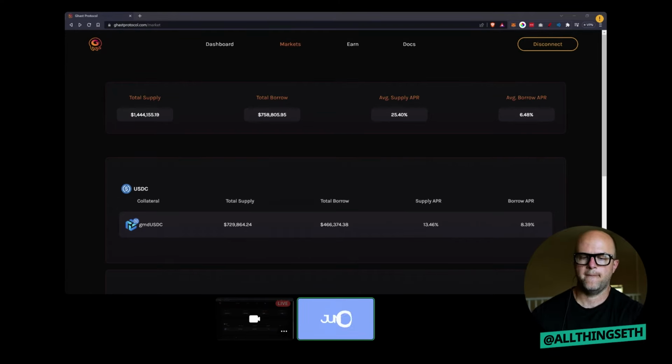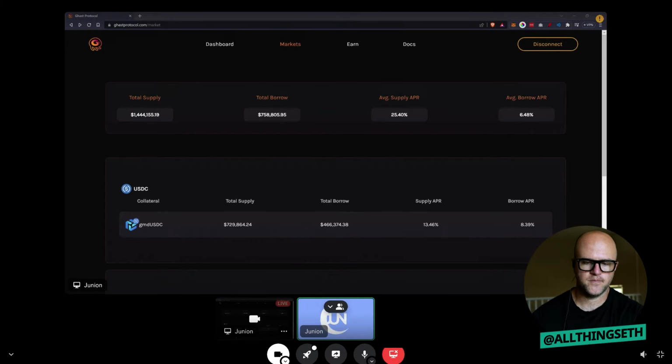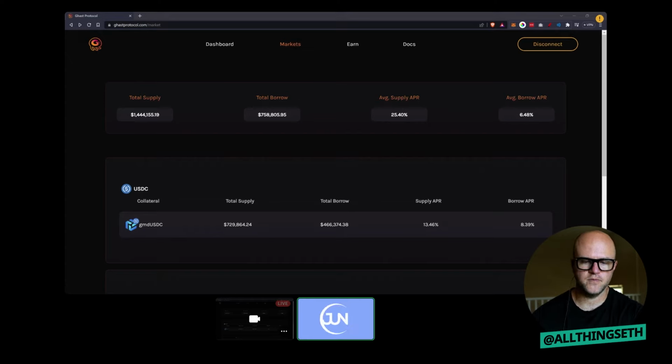Yeah, so I didn't come up with this idea. Frosty was the one who started it all, but I am the lead dev. Frosty is really into the GMD ecosystem.